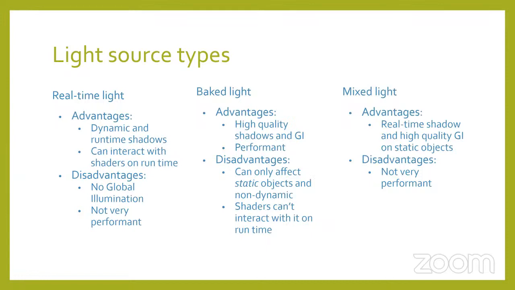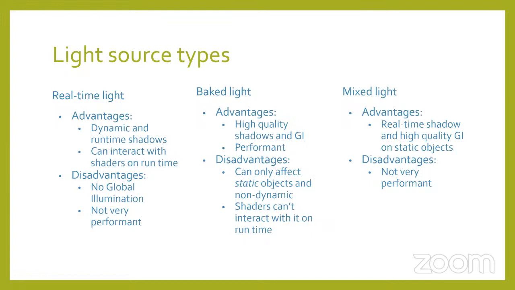There's another light called baked lights. Baked lights are essentially a way of computing how the light is going to interact in a scene beforehand, and then applying that as another texture to each object that is in the scene.